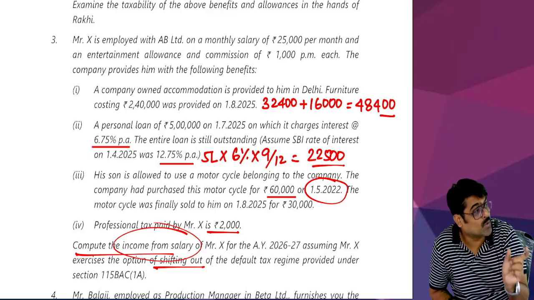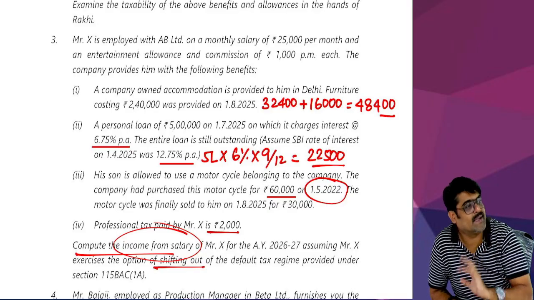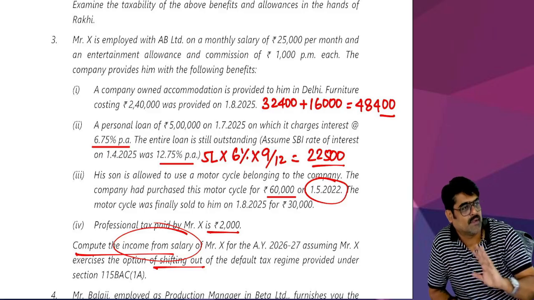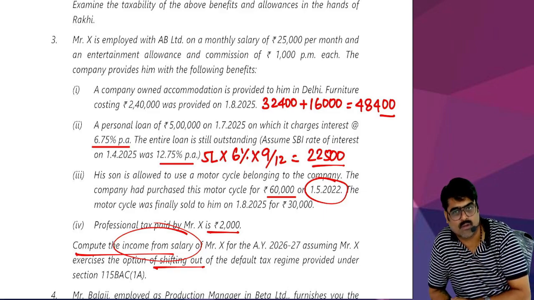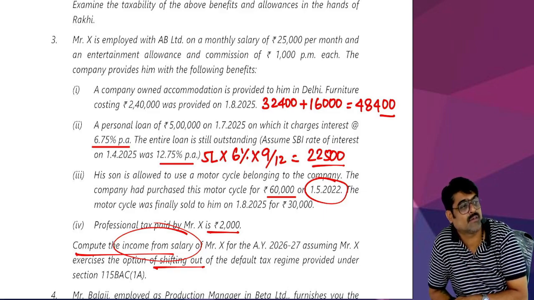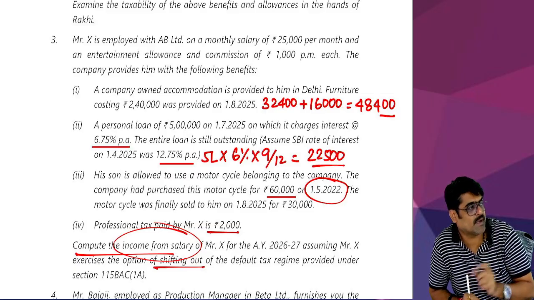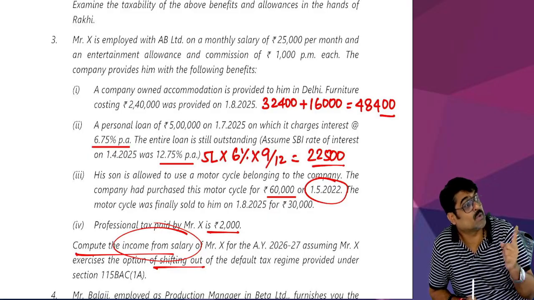Transfer of ownership of the motorcycle by employer at concessional rate. Underline. Actual cost. Inner column 60,000. Next line. Less wear and tear for 3 completed year of use. In the bracket you will write down 60,000 into 10% into 3.